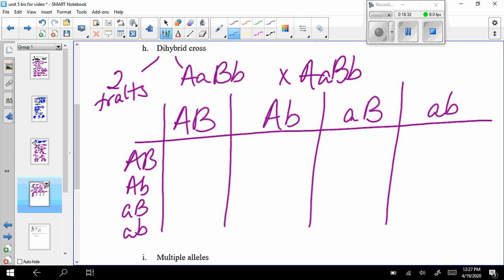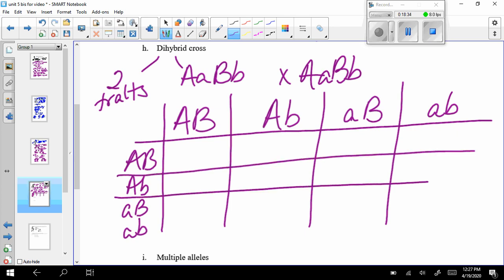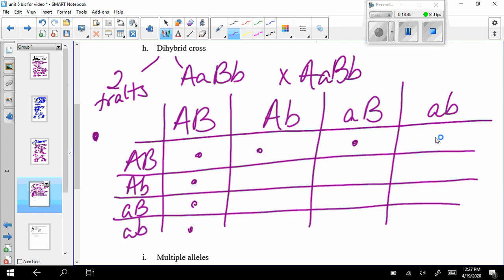And you can go through and do all of your boxes. Again, I always recommend coming up with a list and making little marks to write in where you see those genotypes. And you're going to come out with a 9:3:3:1 ratio.